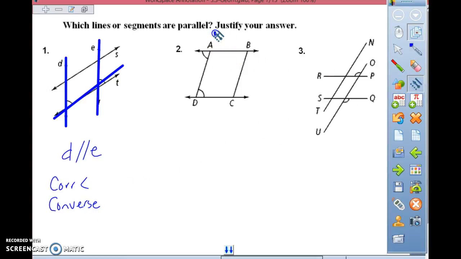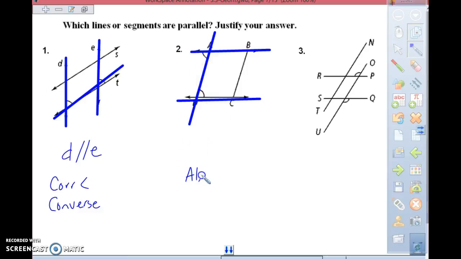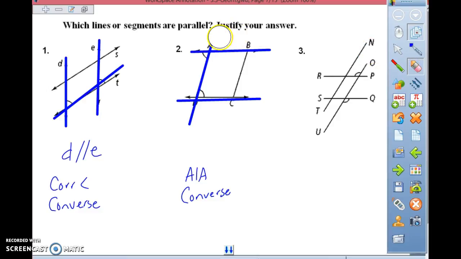Number 2, I see a transversal, line, line. Looks like these are alternate interior angles. So we're going to be using the AIA converse. And I need to erase so I can see the names of my lines.